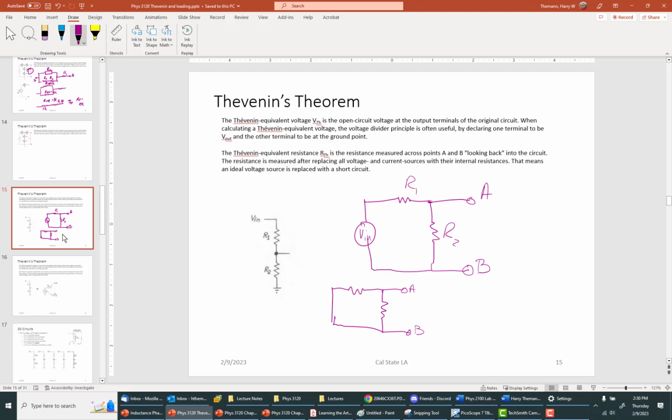And notice that if you can do a little topology, changing shapes in your brain, R1, R2. See, electrically, because there's a zero resistance path here, I can just take this B and slide it to here.